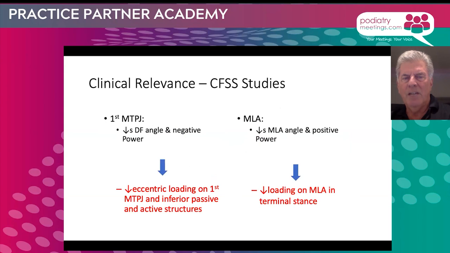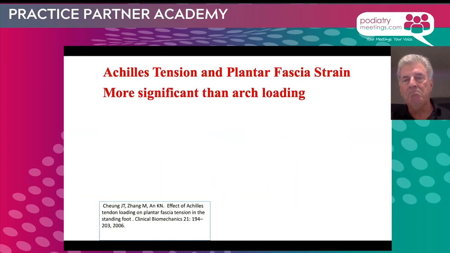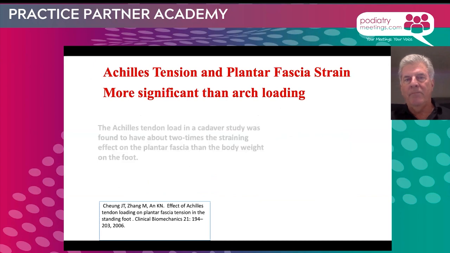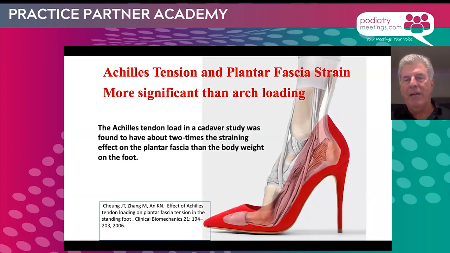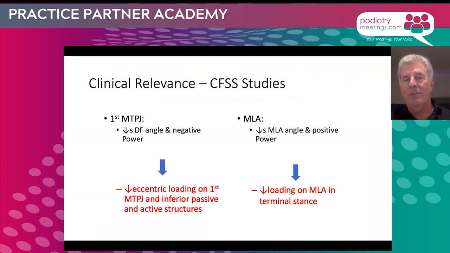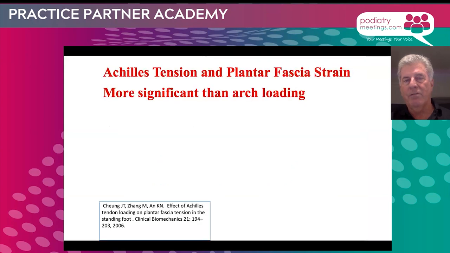The summary of these studies showed that there's decreased loading of the first MTPJ with carbon fiber foot plates, which could decrease loading of the plantar fascia, and also, interestingly, decrease loading or strain on the medial longitudinal arch, which indirectly would decrease strain on the plantar fascia. A carbon fiber brace has a carbon fiber foot plate, so we can anticipate that the carbon fiber foot plate of the brace would also achieve these two factors.